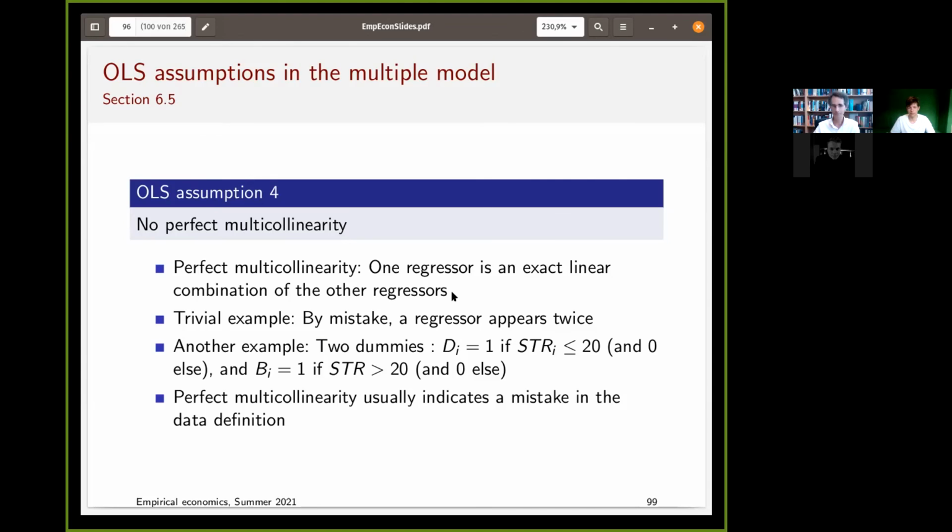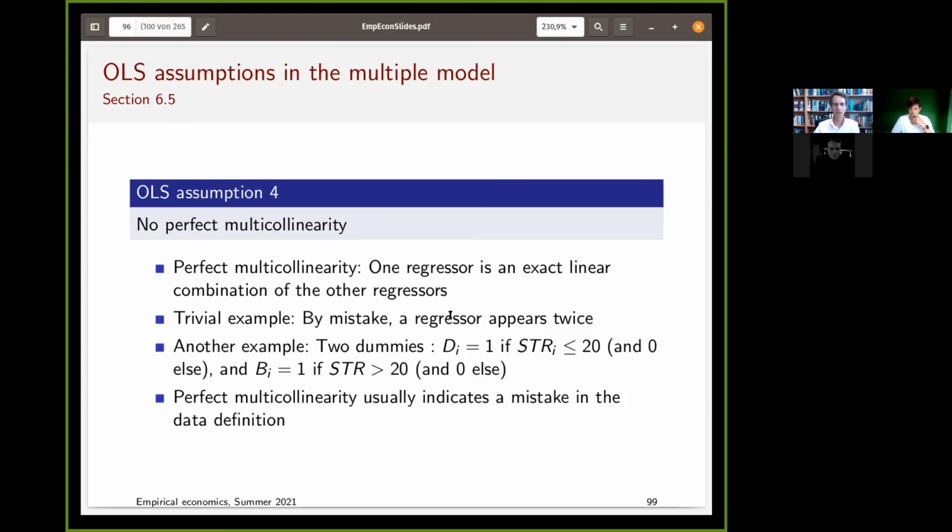Can that happen? Could it really happen that we have a case of perfect multicollinearity? And the answer is not really. It could happen, but in that case, usually what you did is you made a mistake when you collected the data. A very trivial example is, by mistake, the same regressor appears twice in your model.